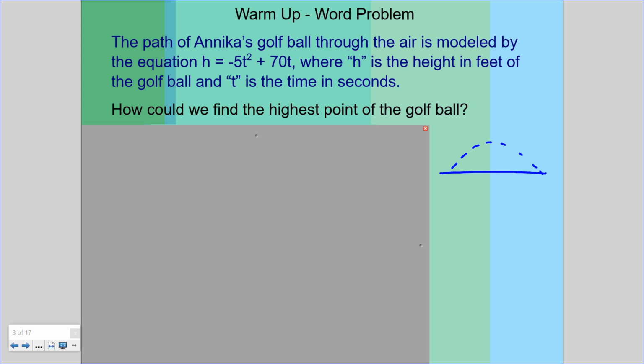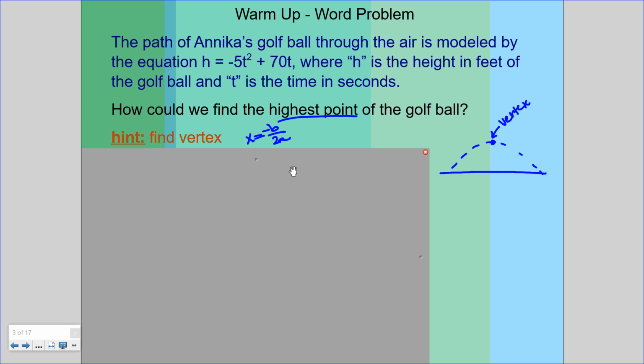Well, visually, the highest point of the golf ball would be up here. In quadratics, we have a special name for this point, and it is called our vertex. For a scenario like this, finding the highest point, we could calculate the vertex. Remember, the vertex formula is x equals negative b over 2a.